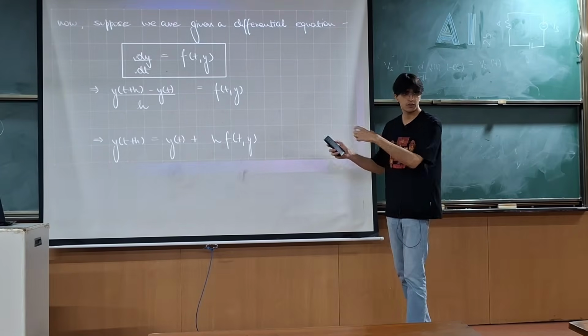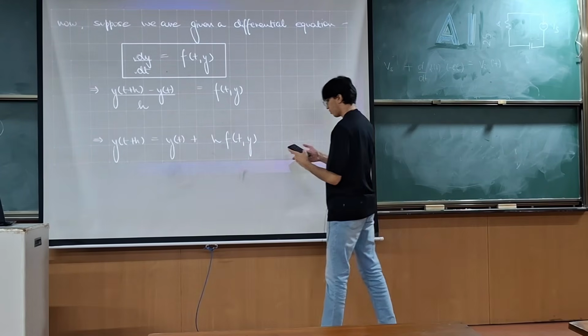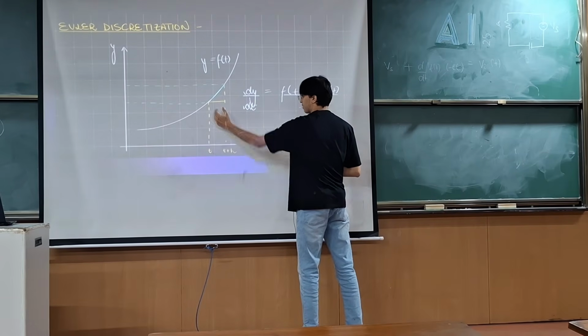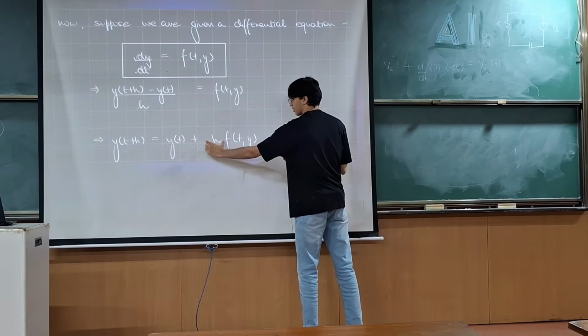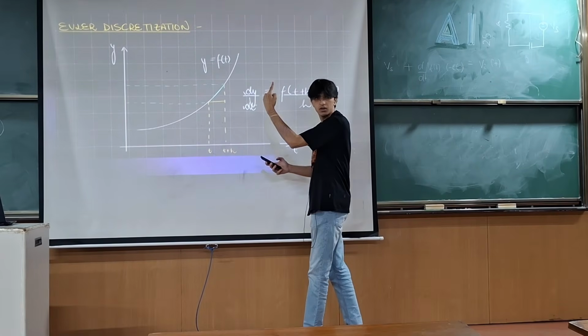The intuition behind this is that you have y(t) at some point on the slope. Now you have this discrete slope, which is multiplied by a small h, and you add it. So what this basically means is just moving in the direction of the slope.